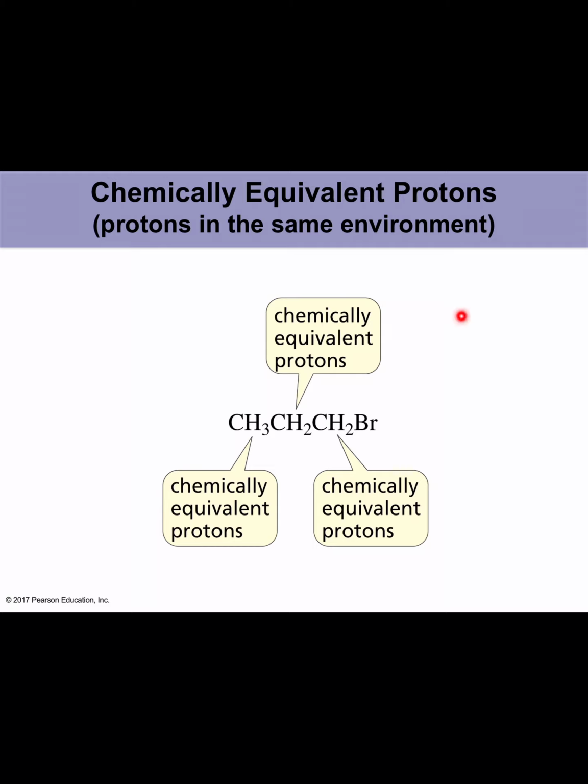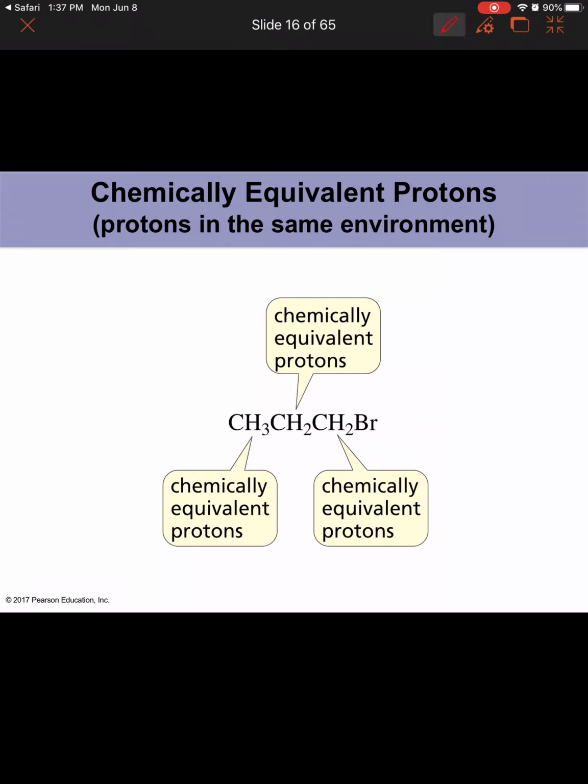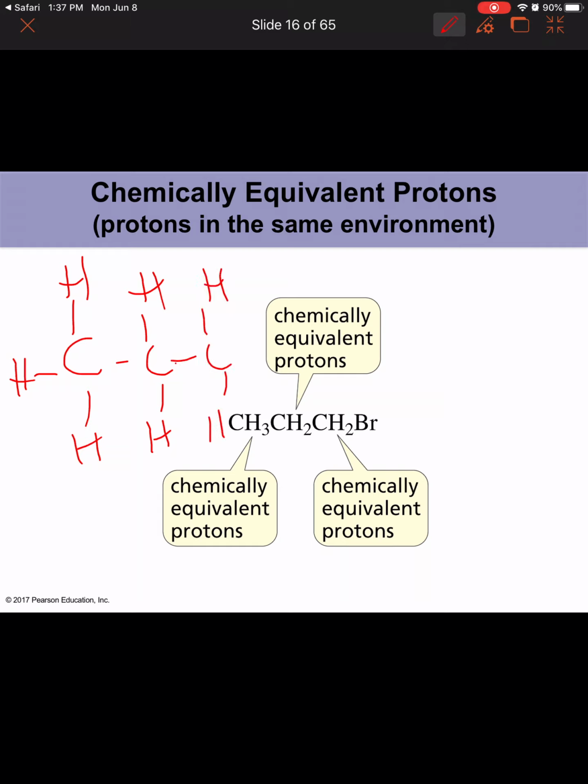Chemically equivalent protons are protons in the same environment. Now this is propyl bromide. If we draw this molecule, we're going to draw it like this: CH3, and then you have bromine right there.